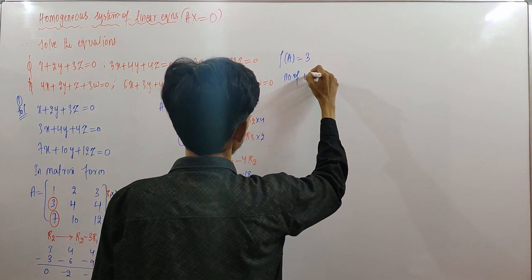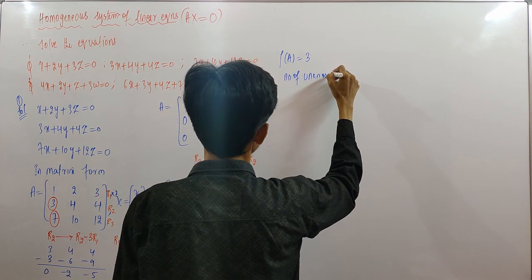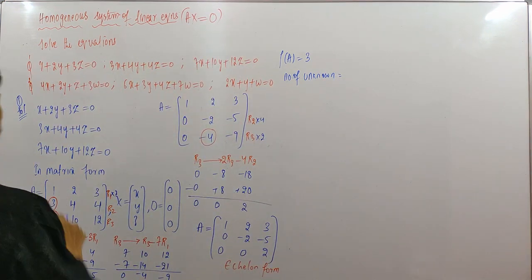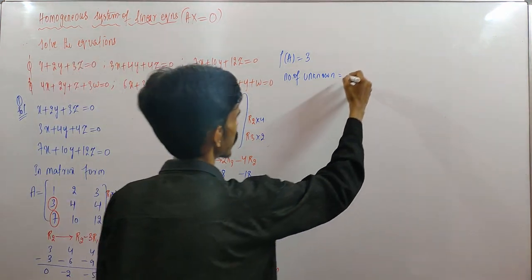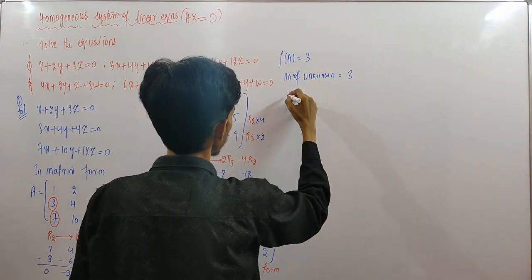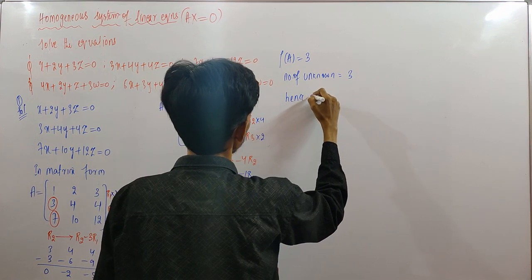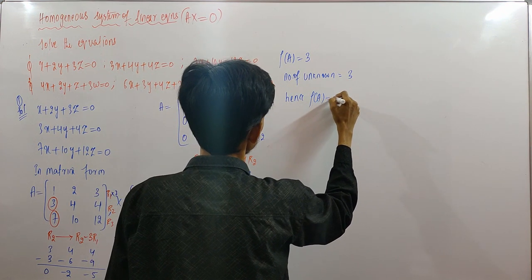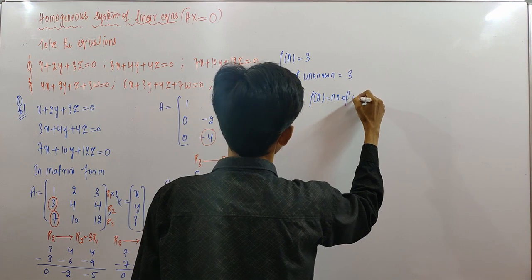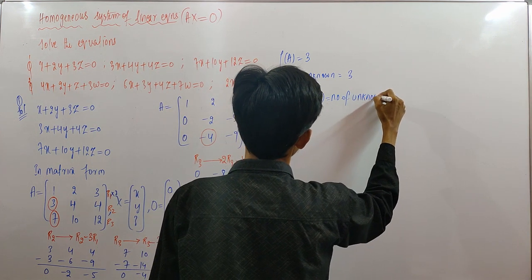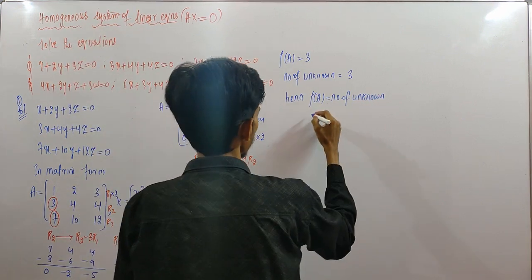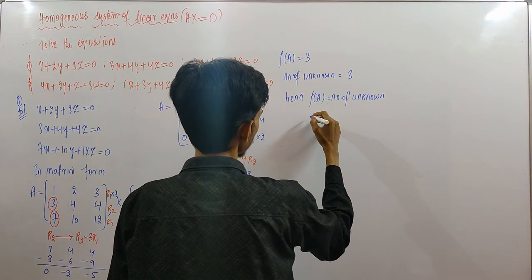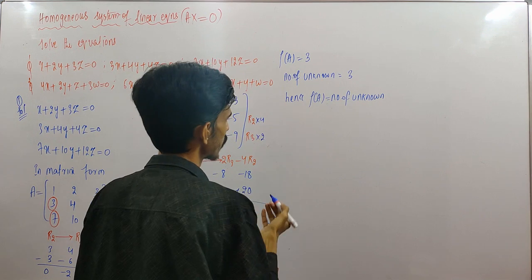Number of unknowns: how many unknowns do we have? x, y, z. We have 3 unknowns. So from this we can say that the rank of A is equal to the number of unknowns. For this condition, our system will be consistent and it has the trivial solution.